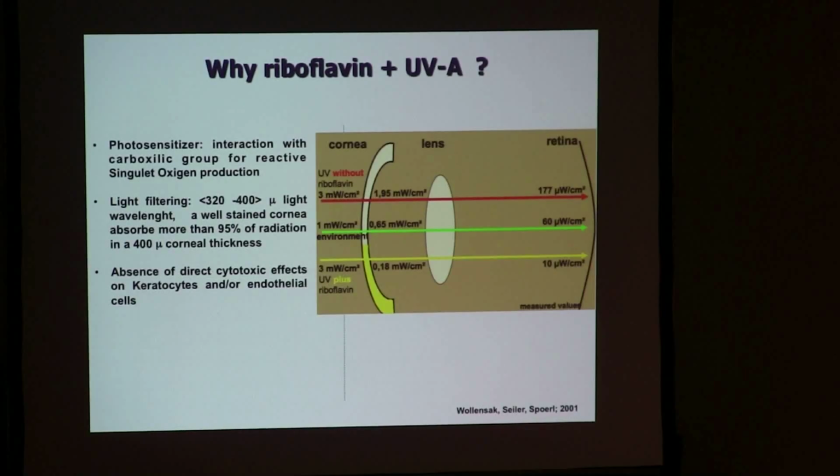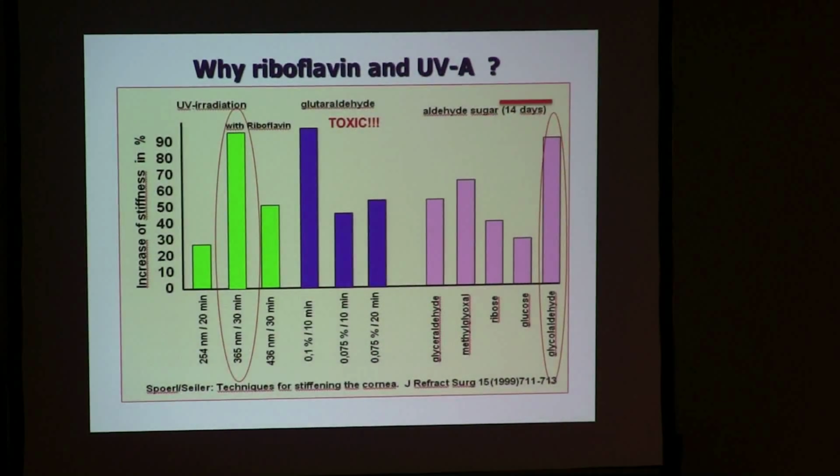And riboflavin has no direct cytotoxic effect on keratocytes. Why riboflavin? Because we also have glutaraldehyde cross-linking, which is toxic, and we also have a good aldehyde sugar cross-linking, but we care about the patient, and 14 days is too much for surgery.